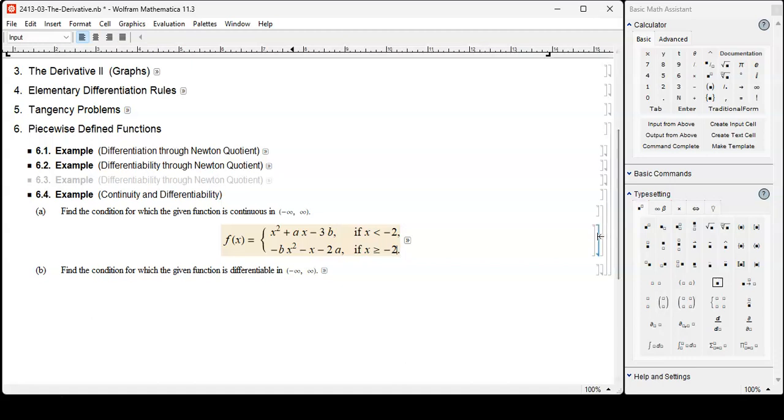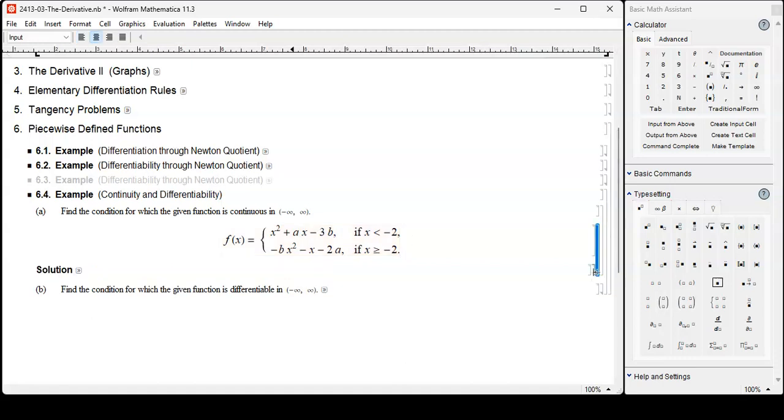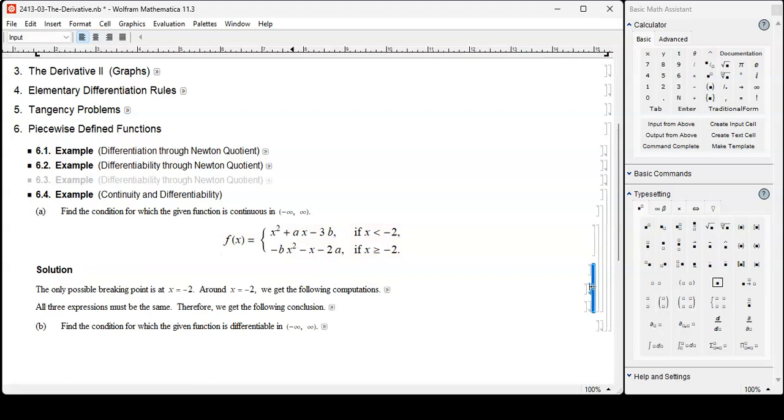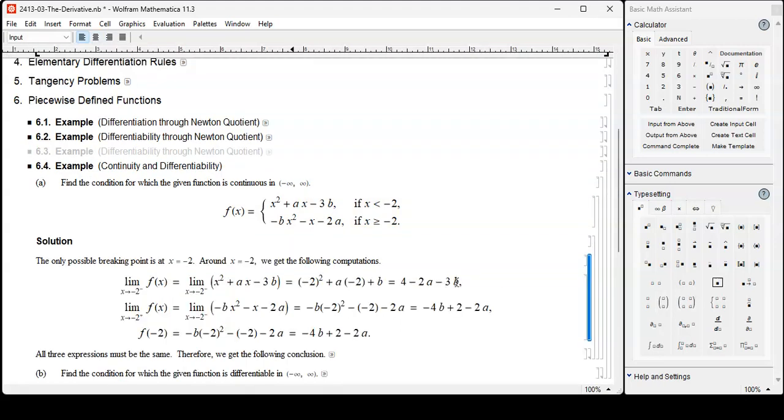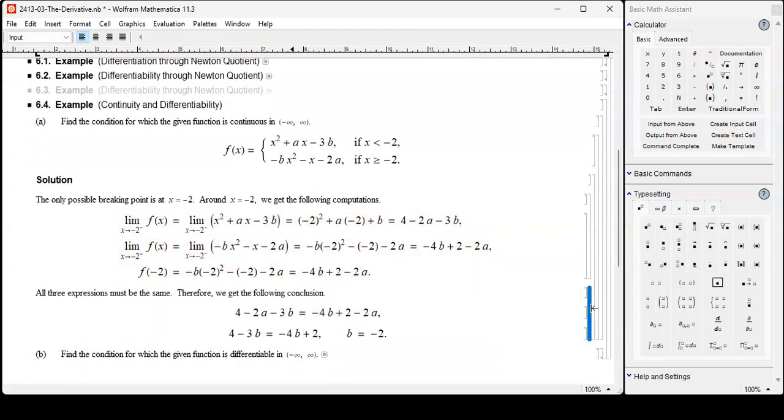So what did you get? Plug in x equal to -2 and set them equal to each other. The first line and the second line, and set them equal to each other. The -2a cancel each other out, and we have an equation of just one variable b, so b is -2. So b equals -2 will give me the continuity.